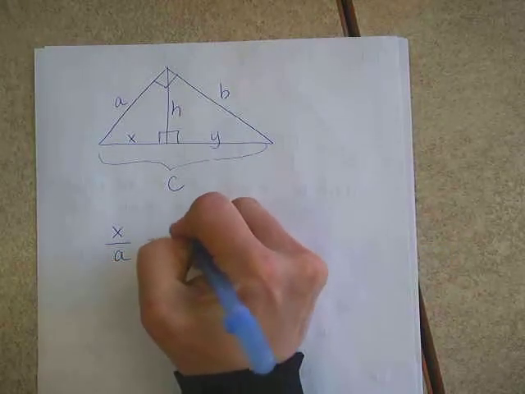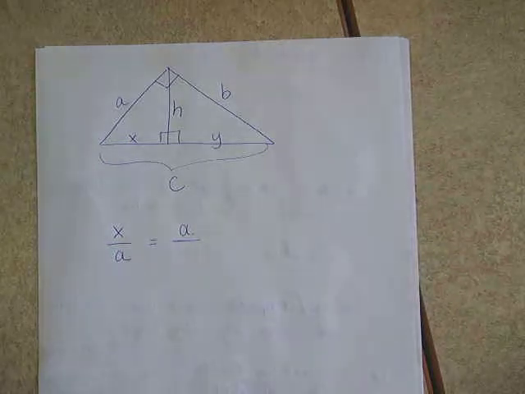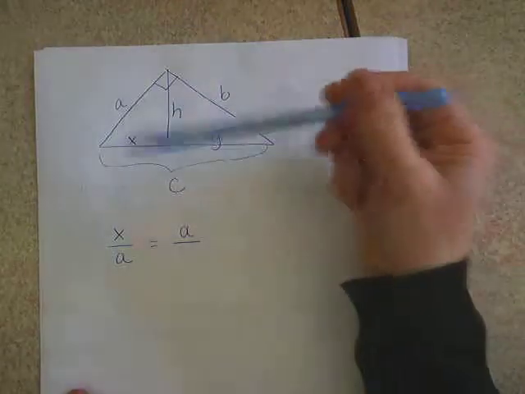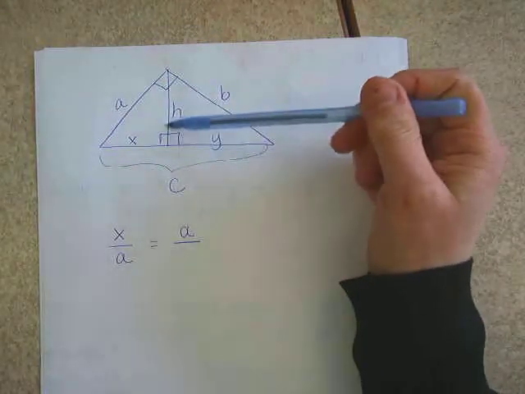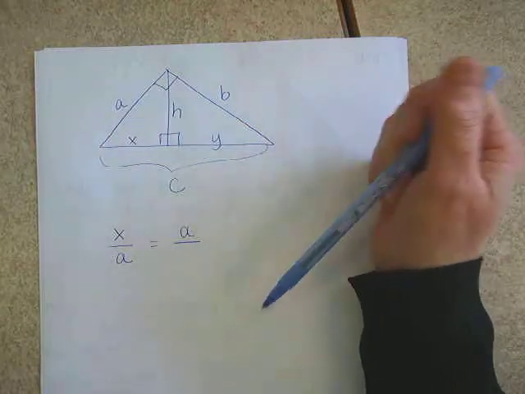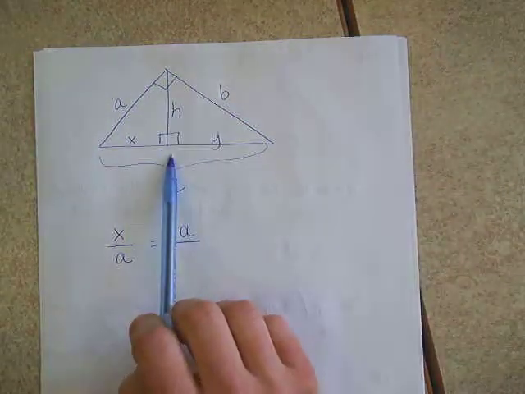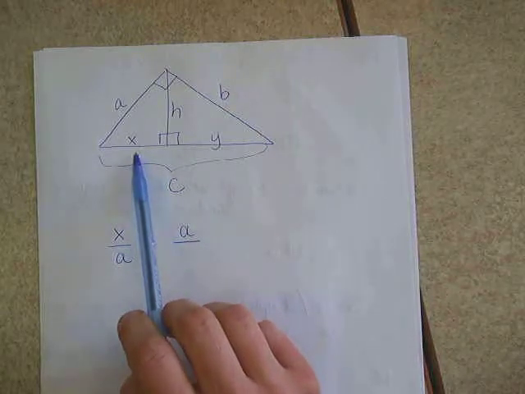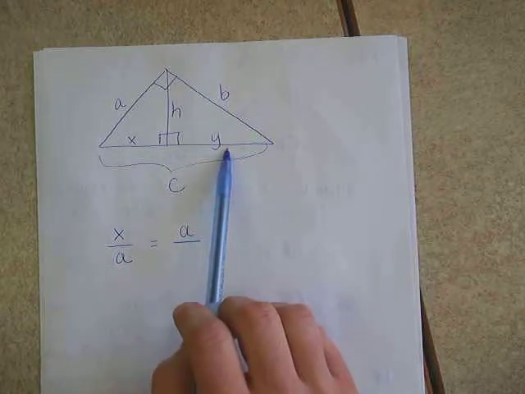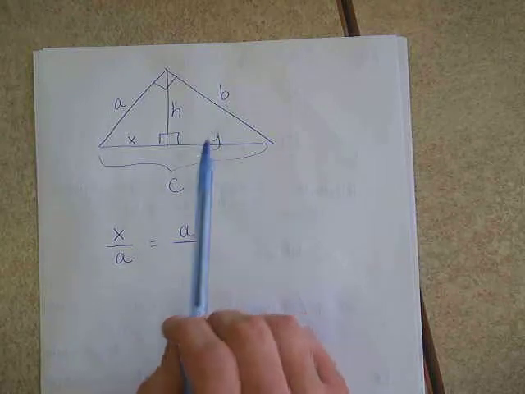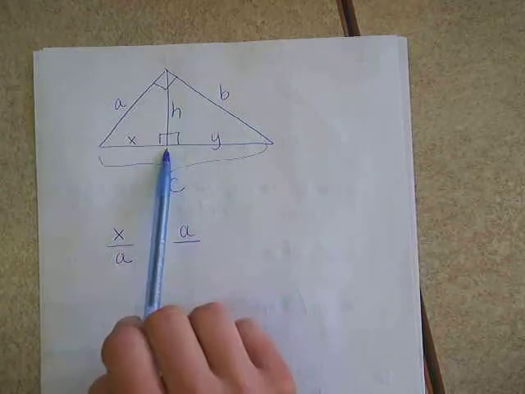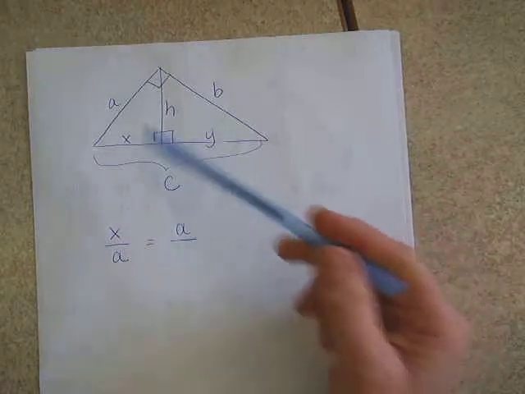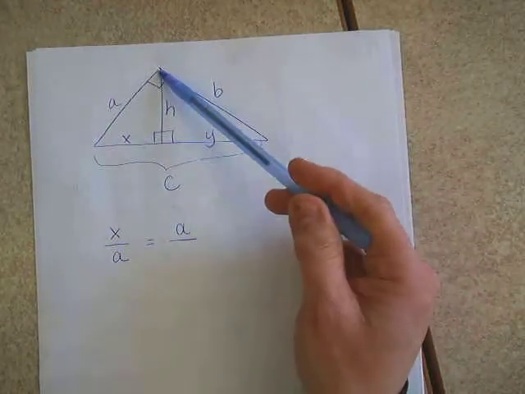The first proportion, we're going to say X is to A as A is to another length. And I'm not filling it in yet because I want you to look at what X and A represent. If I find X and A, those both happen to be on this little triangle on the left. So X appears to be the short leg. With both of these, X and Y will not both be short.